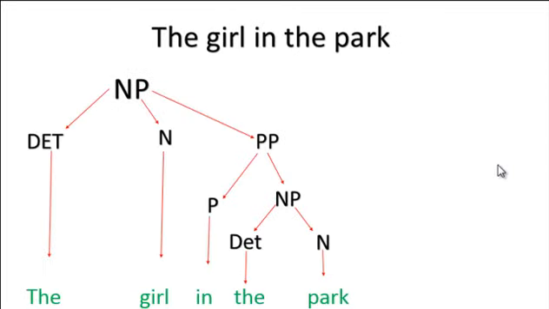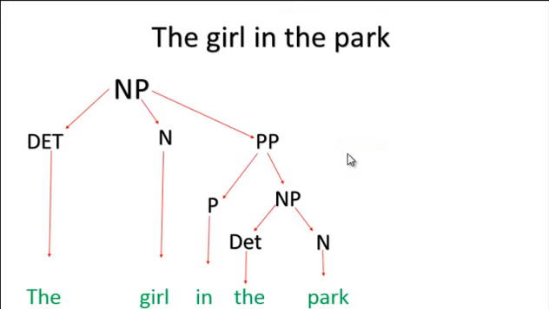Here, you will be able to see these sentences, the girl in the park. The girl in the park, at the beginning of the presentation, remember? The girl in the park. And now we are going to divide it like this.